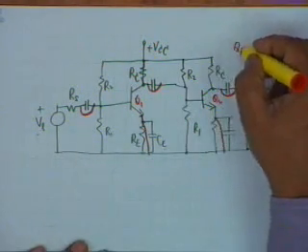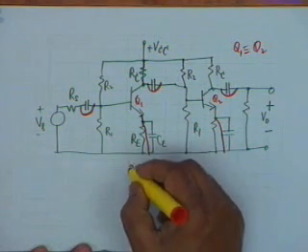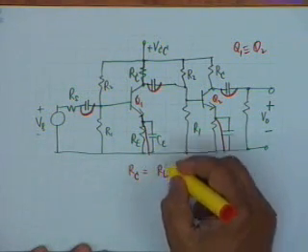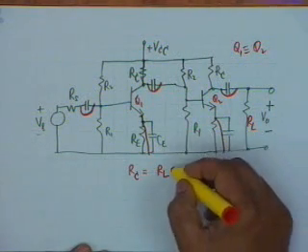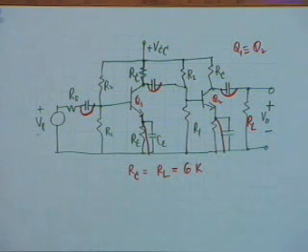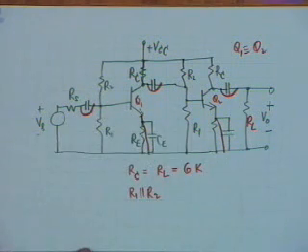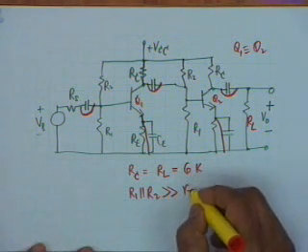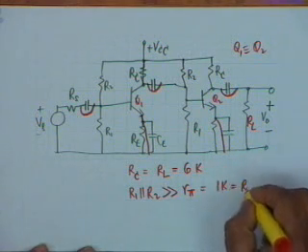Let us say that the two transistors are identical, Q1 is identical to Q2, and suppose R sub C is equal to R sub L, they are each 6K. R1 parallel R2, that is RB, is so chosen that it is much greater than R pi, and R pi is 1K, which is also equal to Rs.